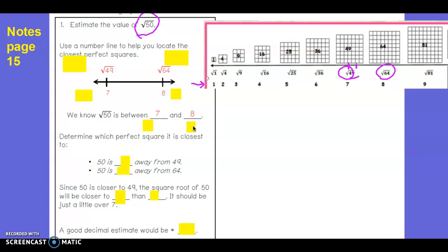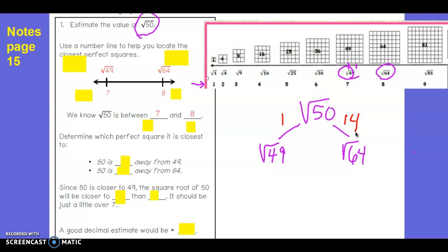So now if I want to narrow it down and maybe try to even get it to the nearest tenth, I want to look at how far away that number 50 is from those two square roots. Between 49 and 50, that is a difference of 1. Between 50 and 64, that's a difference of 14.